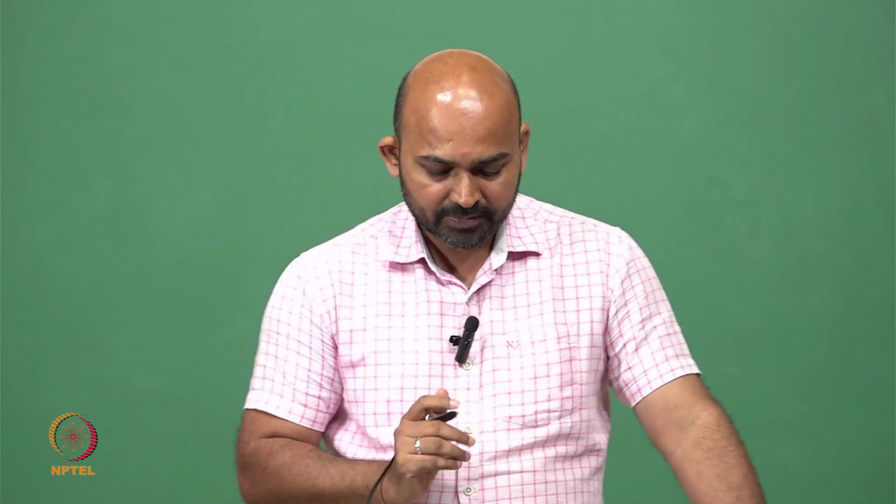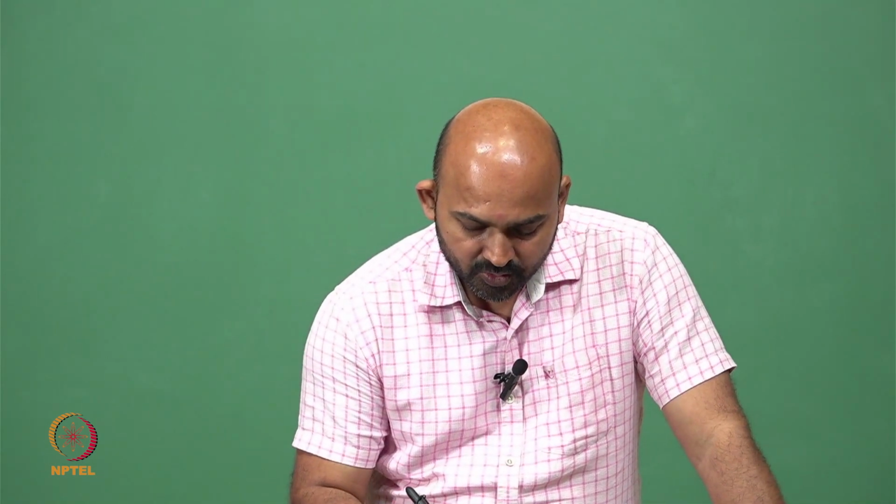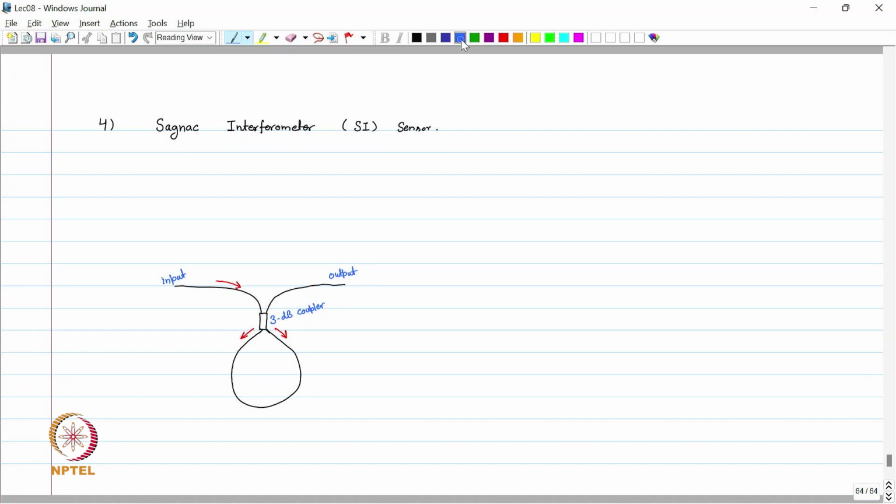Now what we do is take this assembly and rotate it. This whole assembly is now being rotated. Now what will happen: take wave number 1.